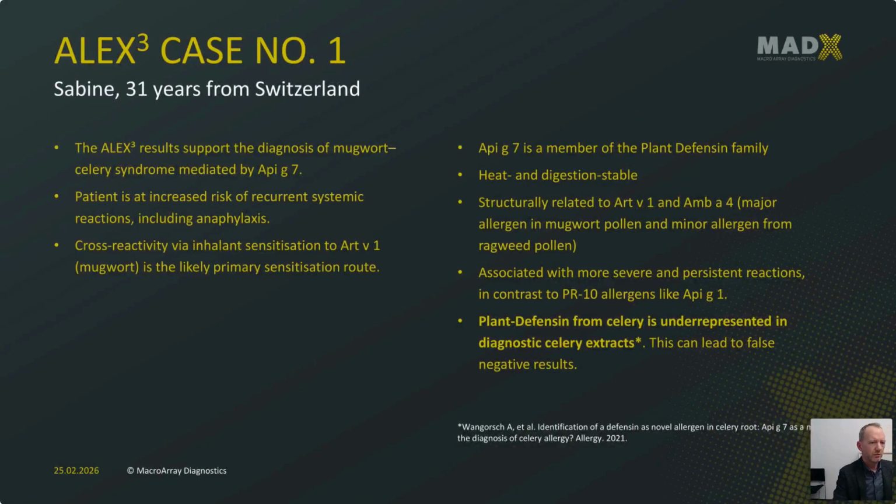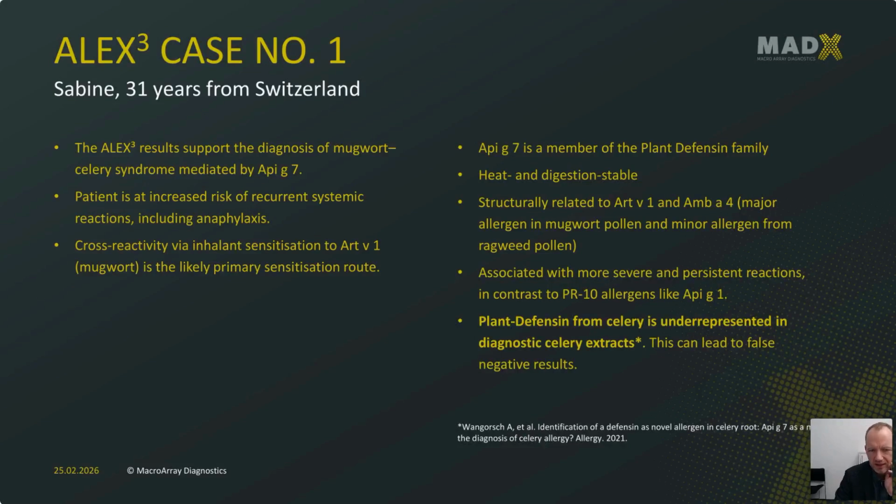So the ALEX3 results would support the diagnosis of a mugwort celery syndrome that's mediated by APG7. The patient is at increased risk of recurrent systemic reactions, including anaphylaxis, and the cross-reactivity via the inhalant sensitization to RV1 is most likely the primary sensitization route. As already mentioned, APG7 is a heat and digestion stable plant defensin from celery.